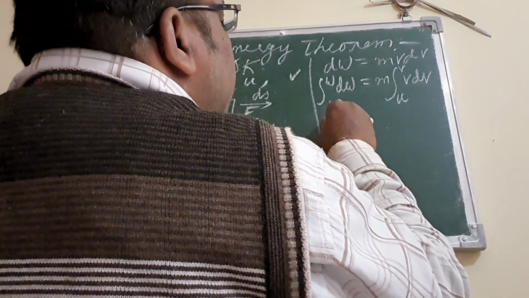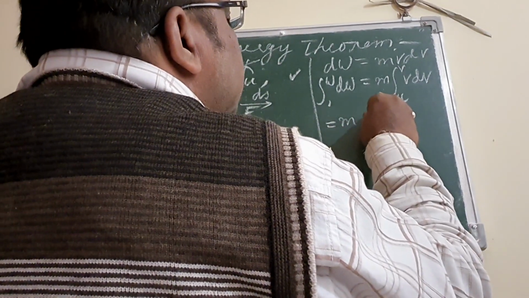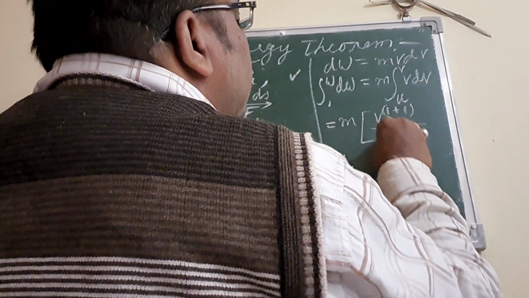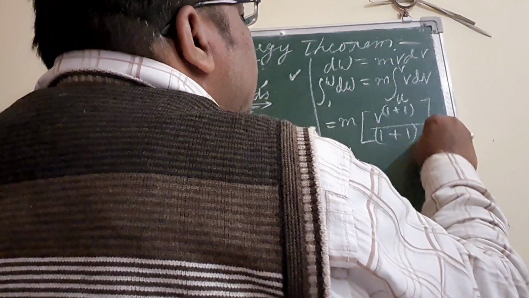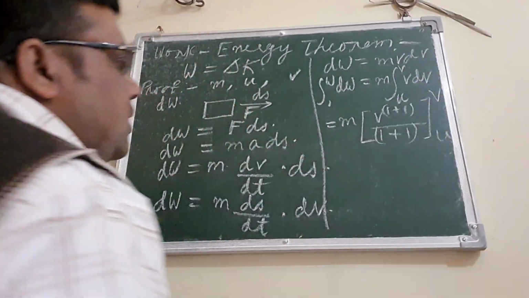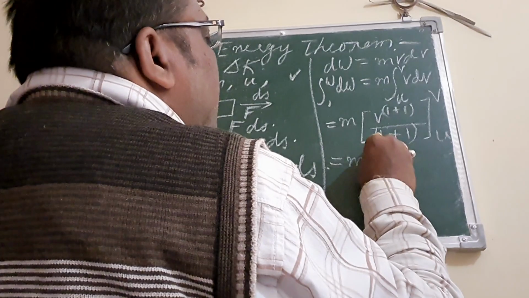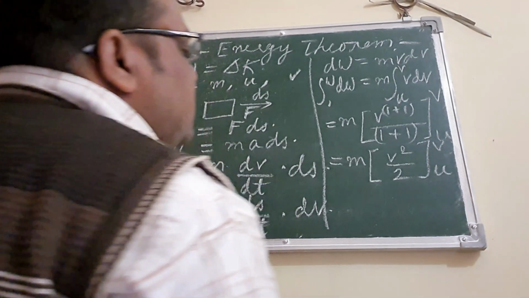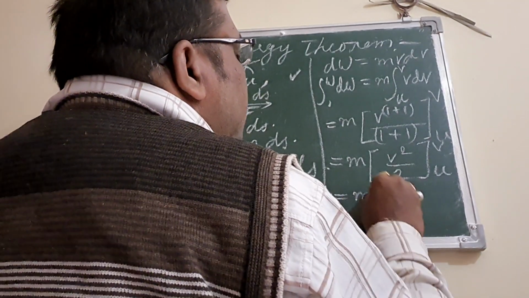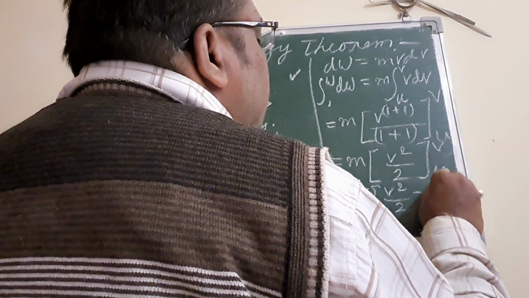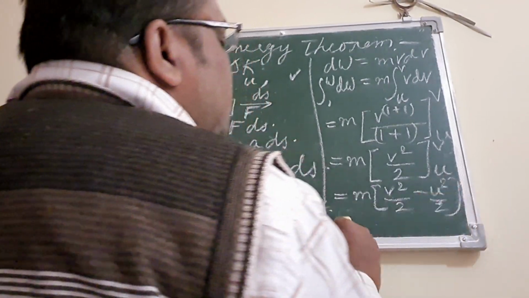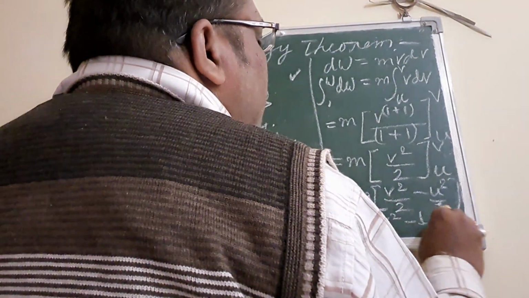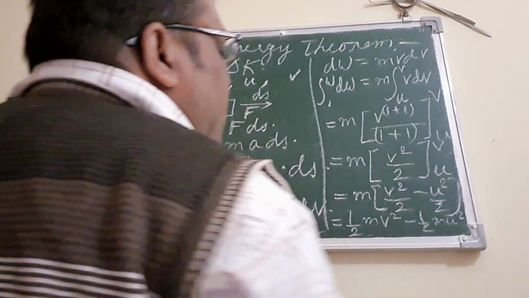If we integrate v, it becomes v to the power 1 plus 1 upon 1 plus 1, from initial velocity u to final velocity v. So it becomes m into v square by 2, from u to v. So it becomes m into v square by 2 minus u square by 2, that is half m v square minus half m u square.